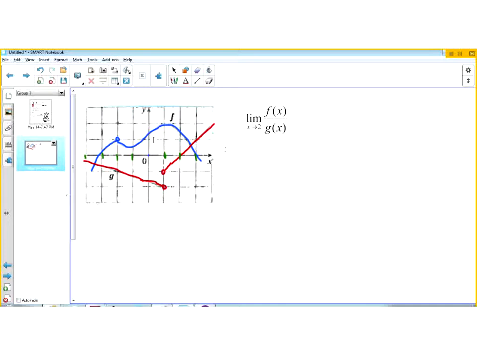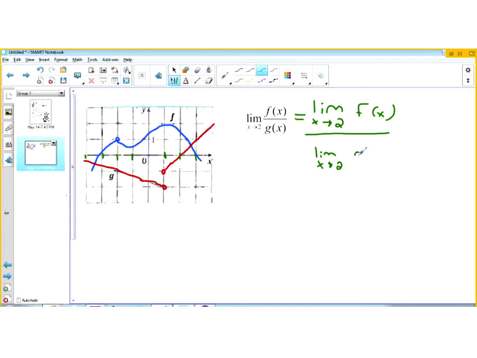It looks like, for starters, if both limits exist, then this would be the limit as x approaches 2 of f of x divided by the limit of g of x. Now that's assuming that both limits exist. If both limits exist, then we'll have this result.